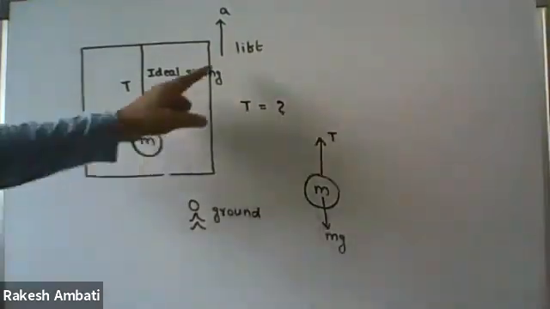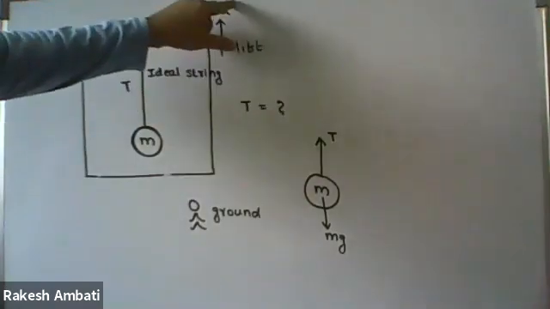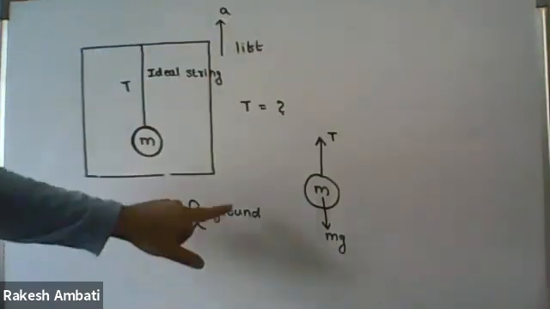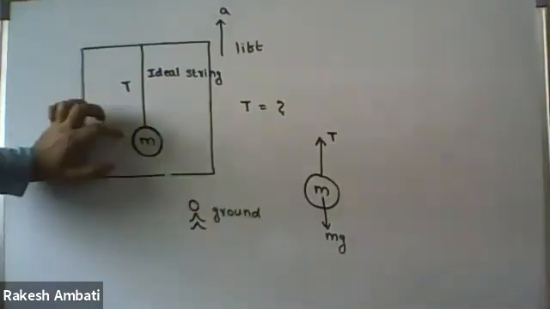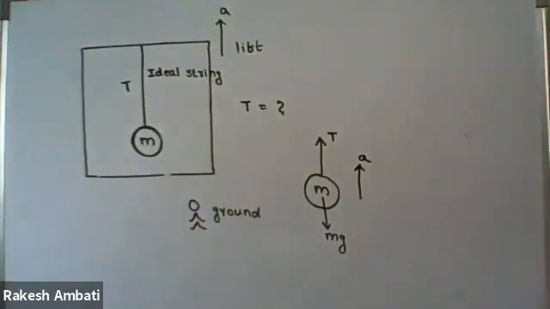If the lift is moving up with acceleration a, then for this person on the ground, the block is also moving upwards with acceleration a. Why?